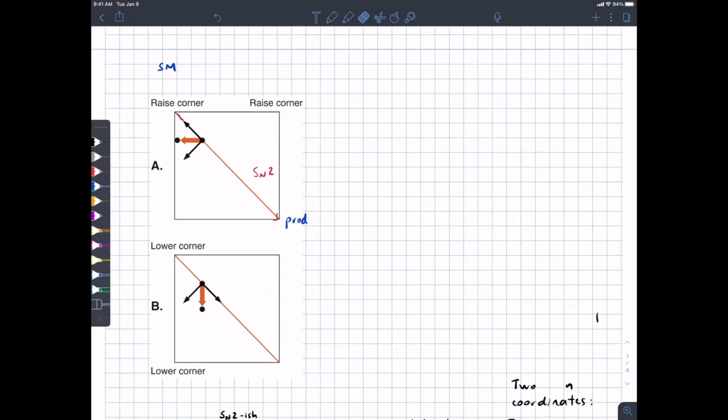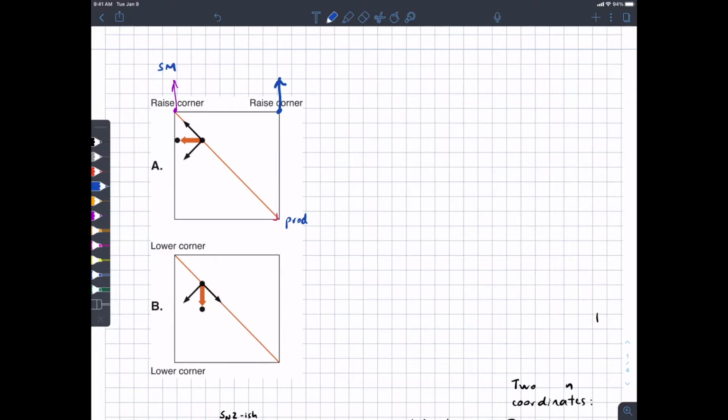So if we have a reaction coordinate pathway, let's not even worry about what the reaction is. We have starting material here and product here. And let's suppose we raise both corners, all right? So we're going to raise the energy of this corner, and we'll also raise the energy of this corner. What's that going to do to our transition state?